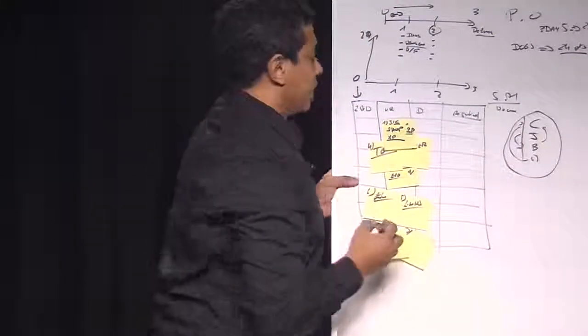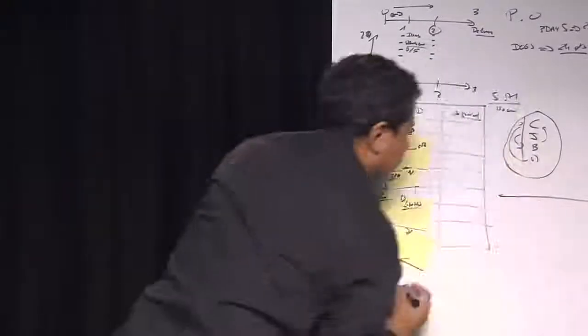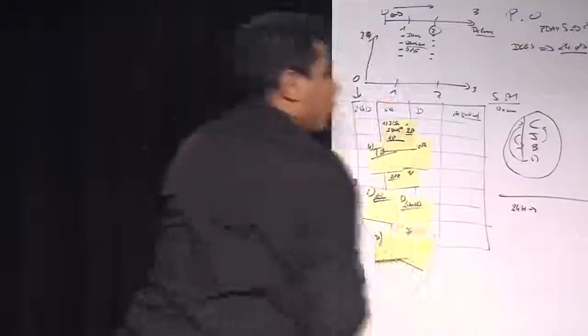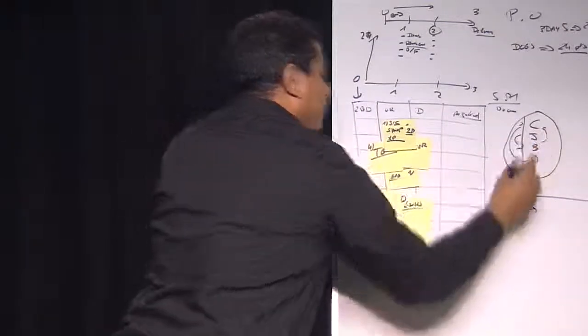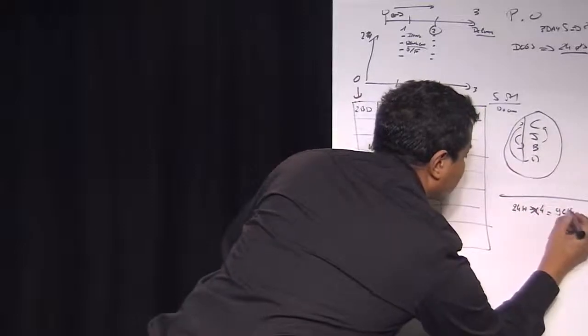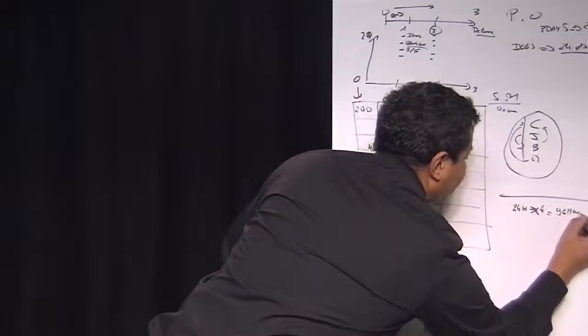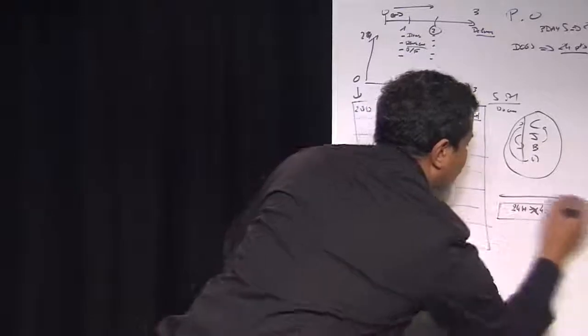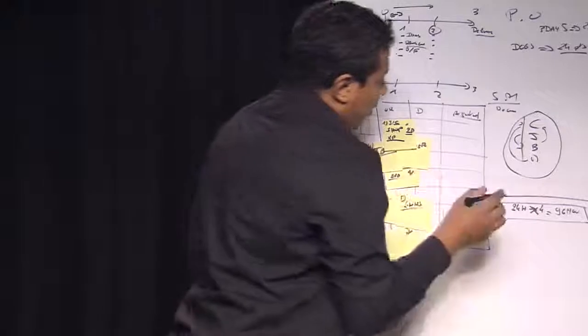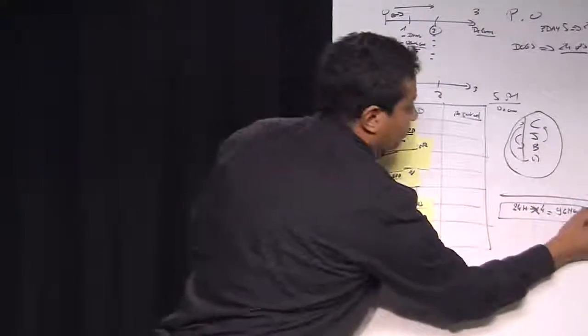Correct? So, I got 24 hours of work for 1, 2, 3 people, which means 96 hours of work. This is it. This is ideal.